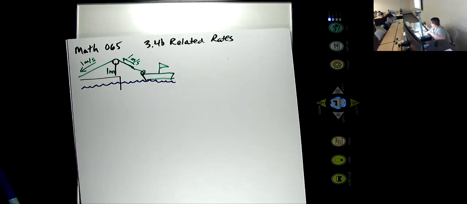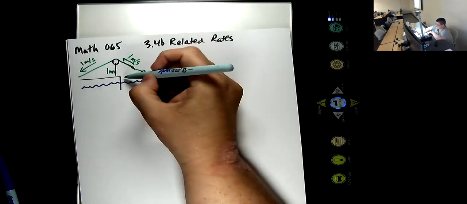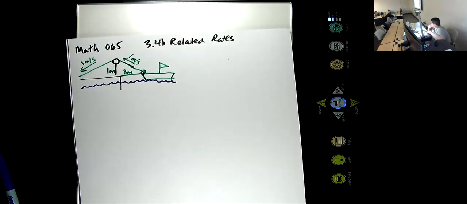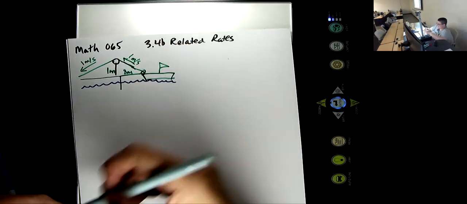It says the rope is being pulled in at 1 meter per second. How fast is the boat approaching the dock when it is 8 meters from the dock? Which means this is 8 meters. I think we need to assume that the pulley is at the end of the dock.